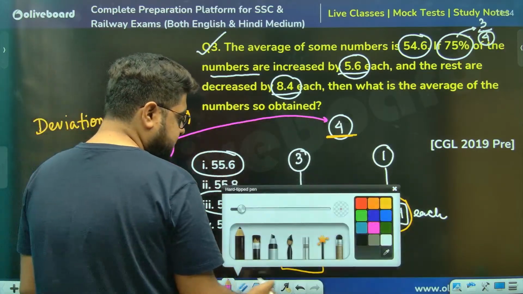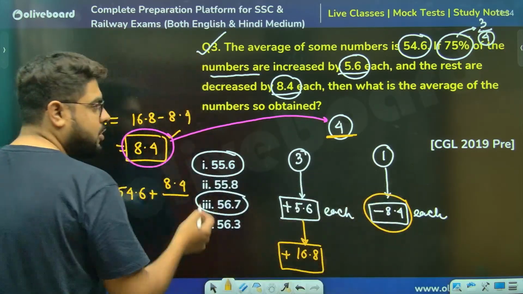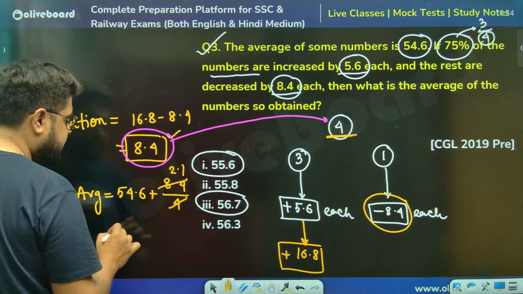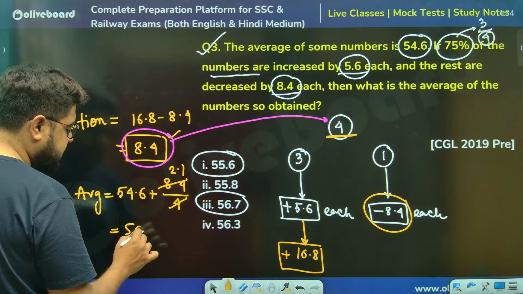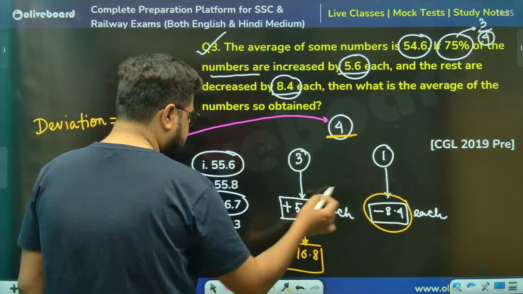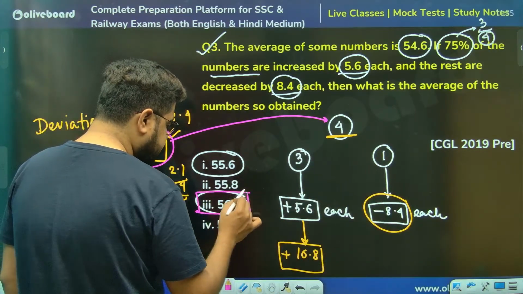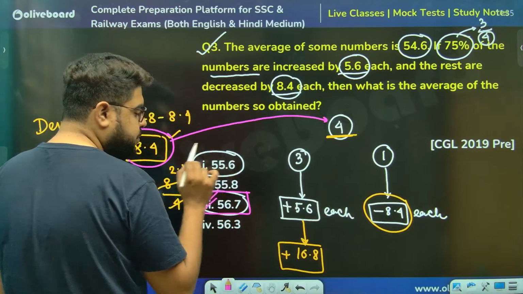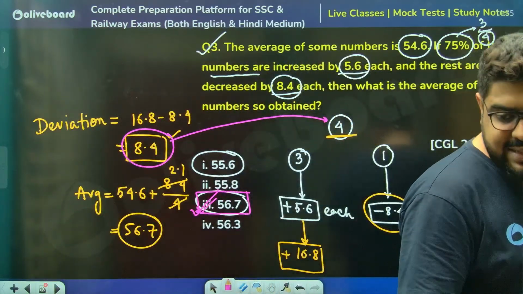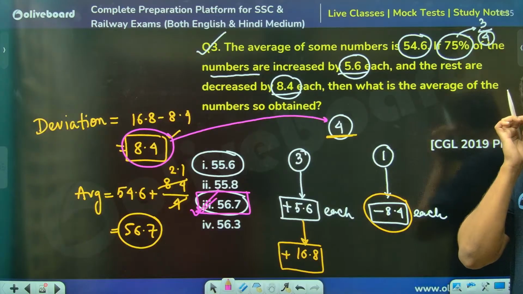So my deviation, the answer will be divided by 4. It will be 2.1. So 54.6 plus 2.1, this is 56.7. So again, Dinesh, it went a little wrong, brother. Option 3 is the correct answer, sir, not option 1. Perfect. Pawan, yes, 3 is the correct answer, brother.